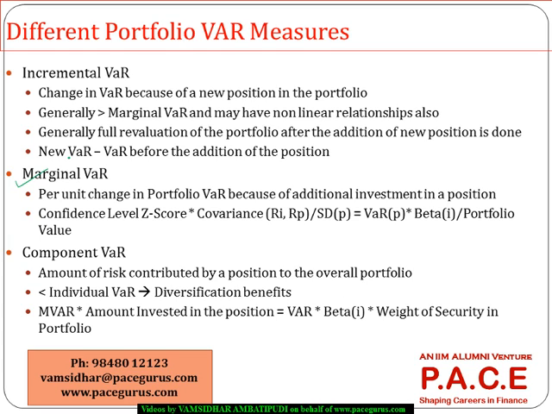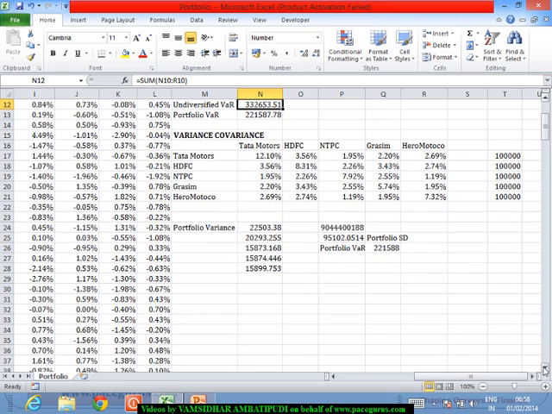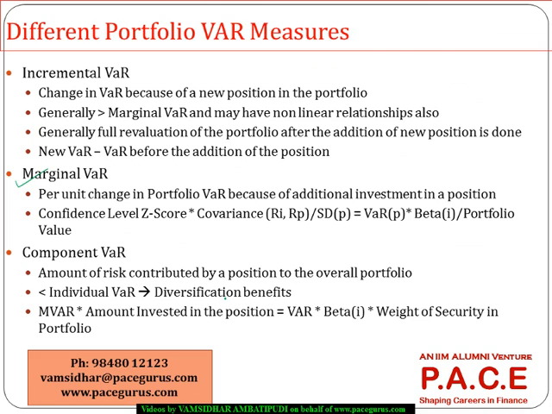So what I can do is compute the marginal VAR for each of the securities. What are we saying? The per unit change in the portfolio VAR because of the additional investment in a particular position.